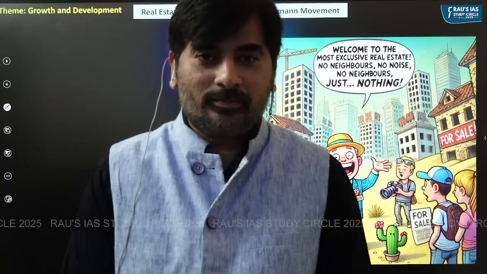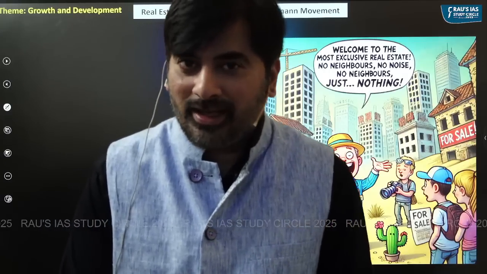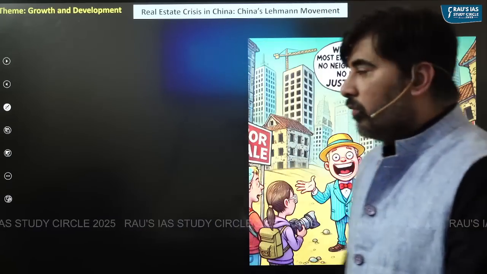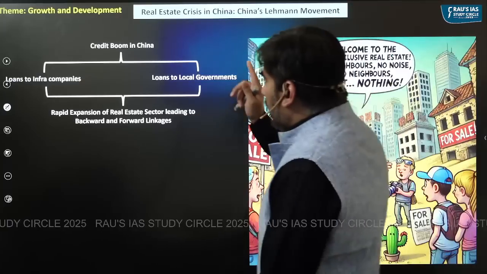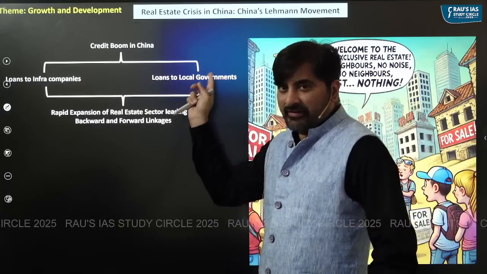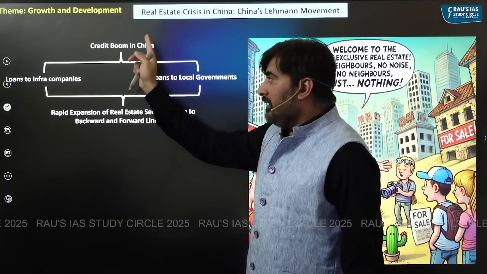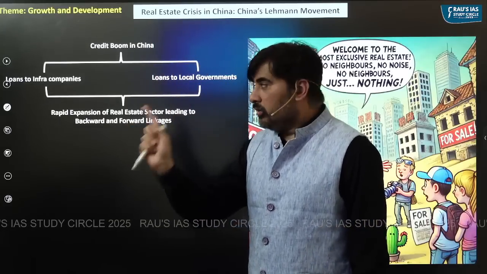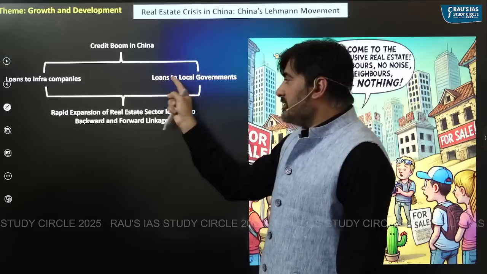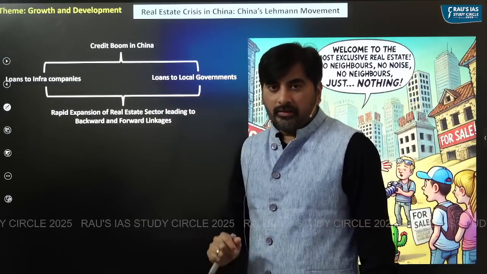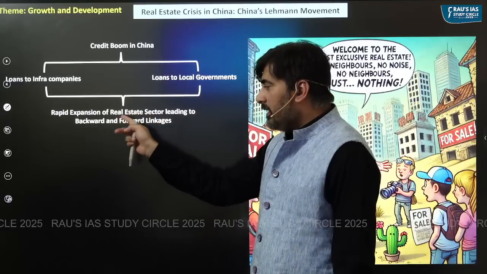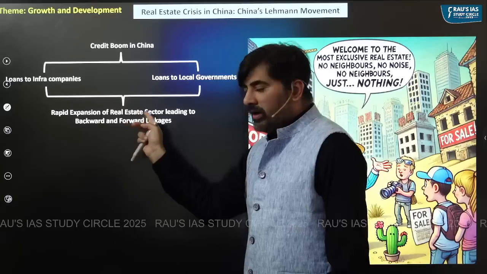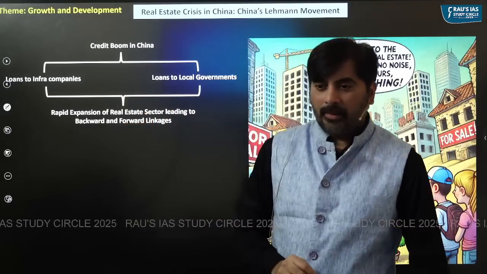The idea was great. The problem was in implementation. What actually happened in China was, in order to give a fillip to the real estate sector, China relied on giving an excessive amount of credit to infrastructure companies as well as local governments, which obviously led to rapid expansion of the real estate sector, which helped in both backward and forward linkages.